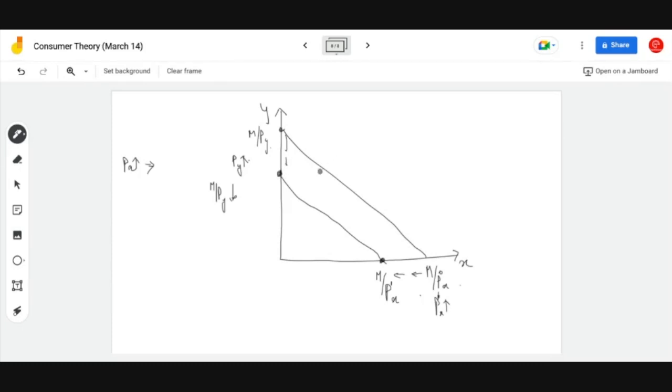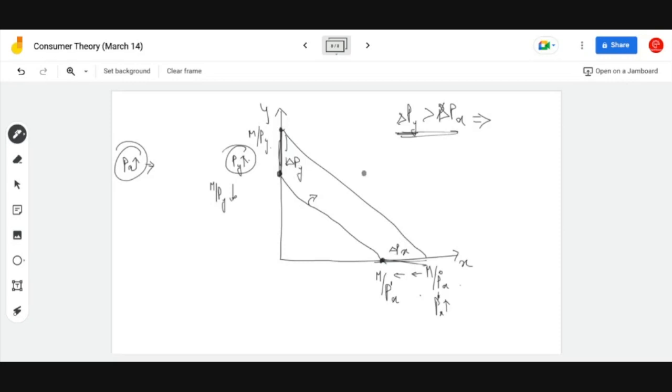So now the slope will depend upon the ratio in which the change of Py and Px is happening. Let's say if delta Py is more than delta Px, will the slope increase or decrease? When delta Py is higher, this is greater than this much. This is delta Px, this is delta Py.